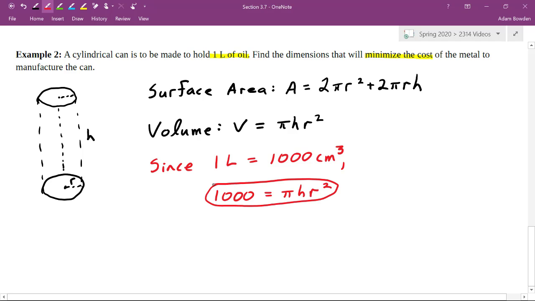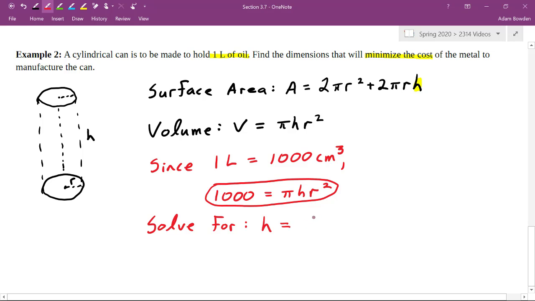So we have this formula set aside for us to use. What I'm going to do is solve this one for h. The goal by solving for h is so that I can substitute for h in the formula for surface area, bringing it down to just one variable from 2.